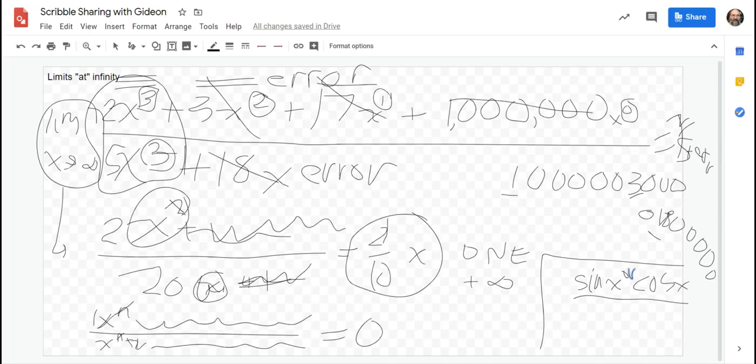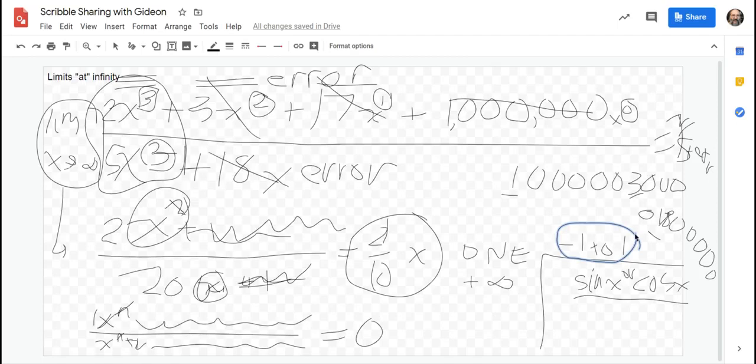But sine of x and cosine of x just vary in a very small range, -1 to 1. So in the long run, they might be oscillating between -1 and 1, going back and forth and having all the values, but as the top of the fraction, basically they're near a constant.